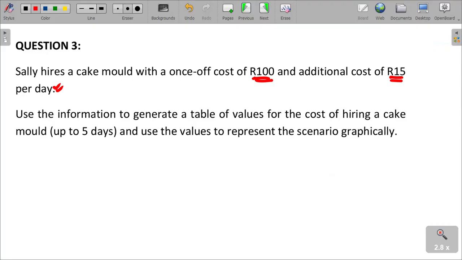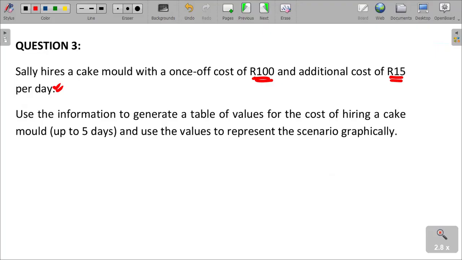And then the question wants you to use the information to generate a table of values for the cost of hiring a cake mod. Draw a table for the cost of hiring a cake mod up to 5 days and use the values to represent the scenario graphically. We are supposed to draw the graph.